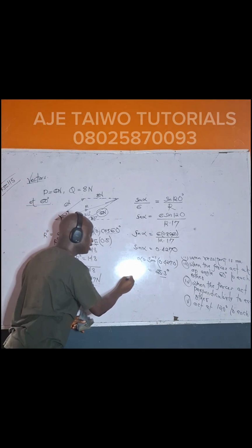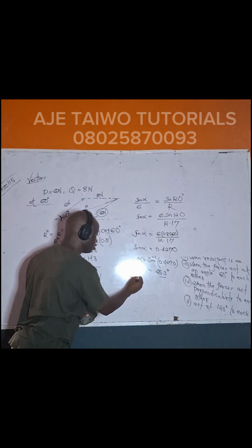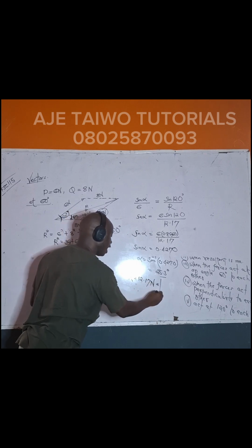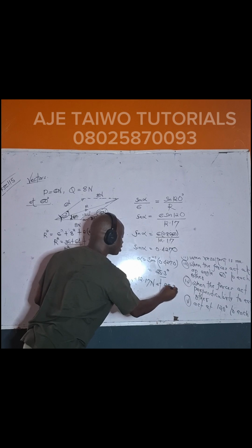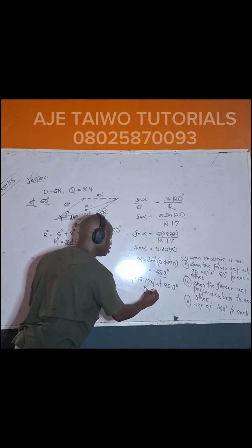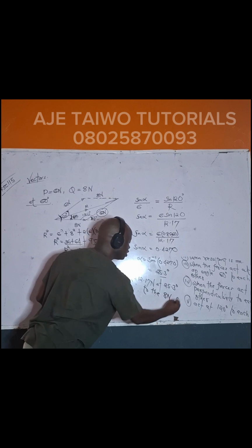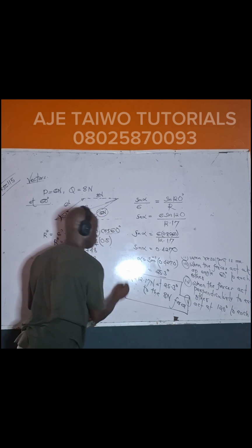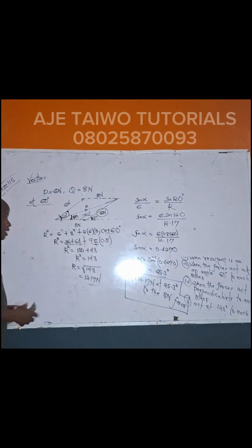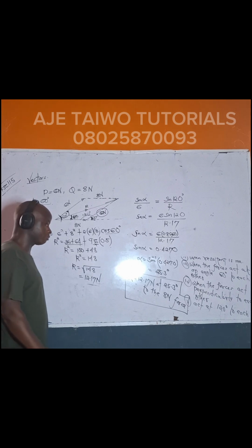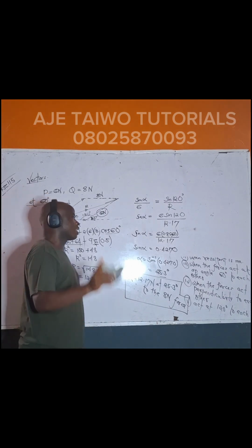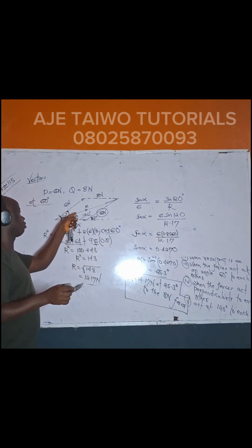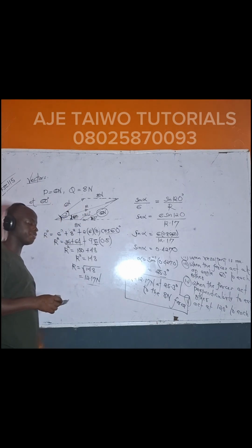You now say, therefore, R equals 12.17 Newton at 25.3 degrees to the 8 Newton force. This is how the answer is reported. Who can tell me what angle R made with the 6 Newton force?